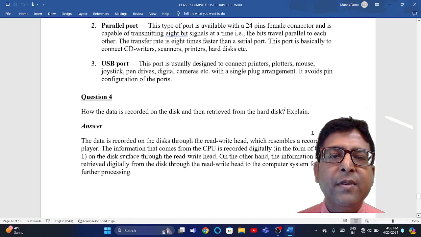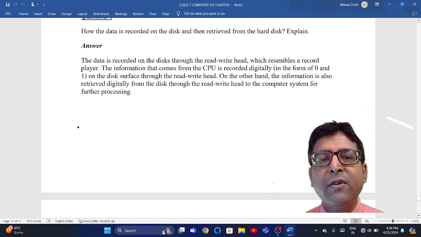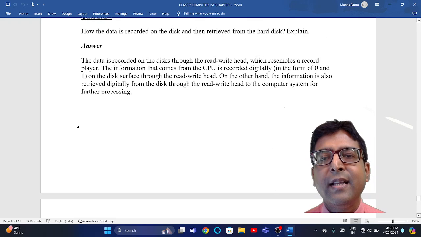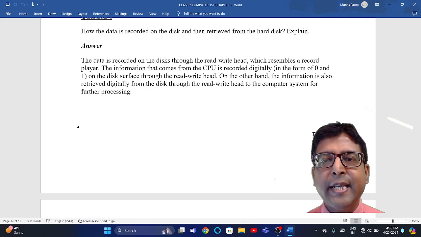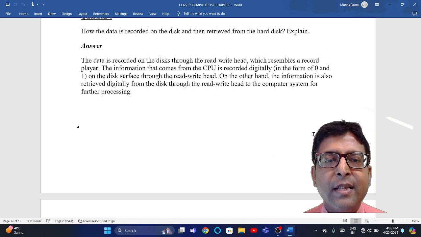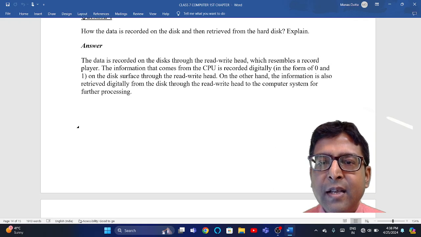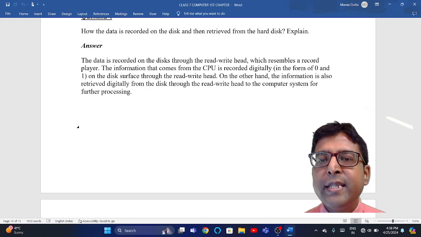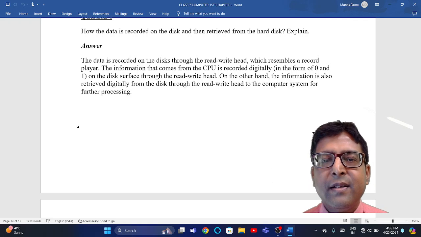Next question. Question 4. How is the data recorded on the disk and then retrieved from the hard disk? Explain. Answer will be, the data is recorded on the disk through the read-write head, which resembles a record player.